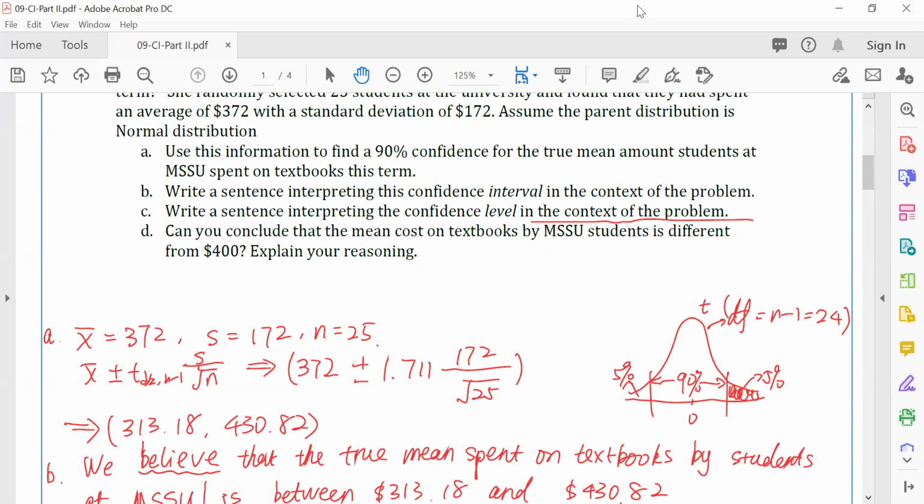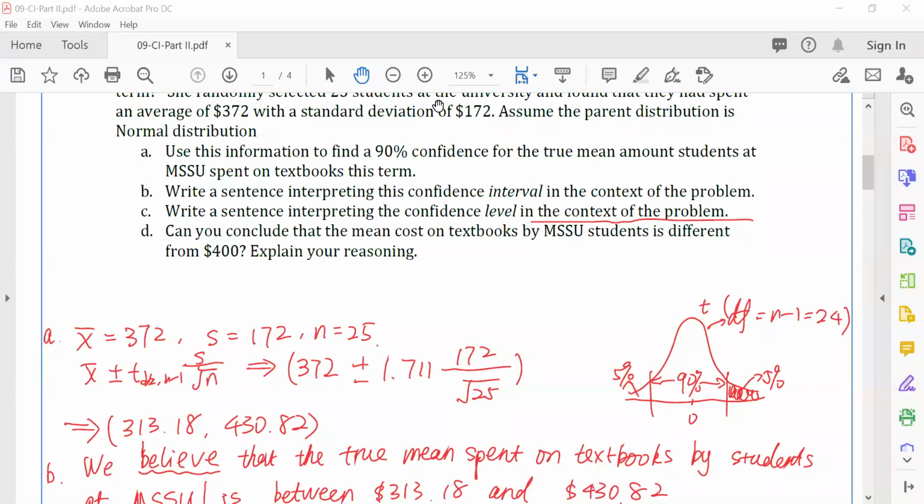Yes or no? For part D, do you say yes or no? Okay. I think we can say no.